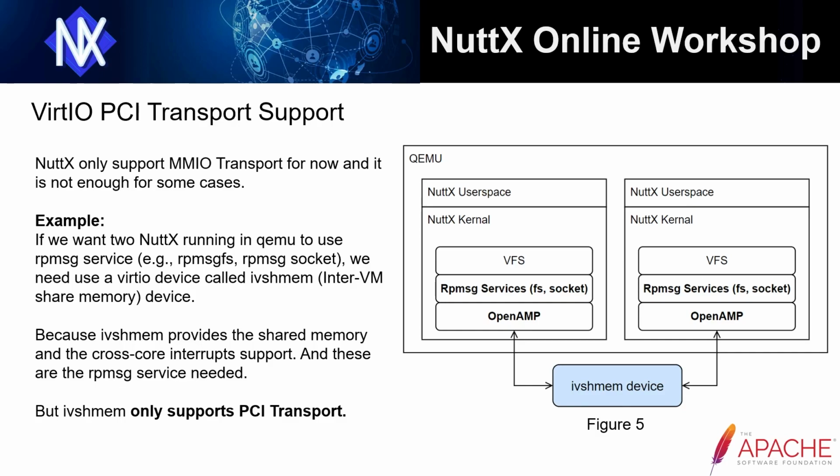This device provides shared memory and cross-core interrupt support, and these are what the RPMsg service needs. But unfortunately, this device only supports the PCI transport. So this is why we have to support the PCI transport.